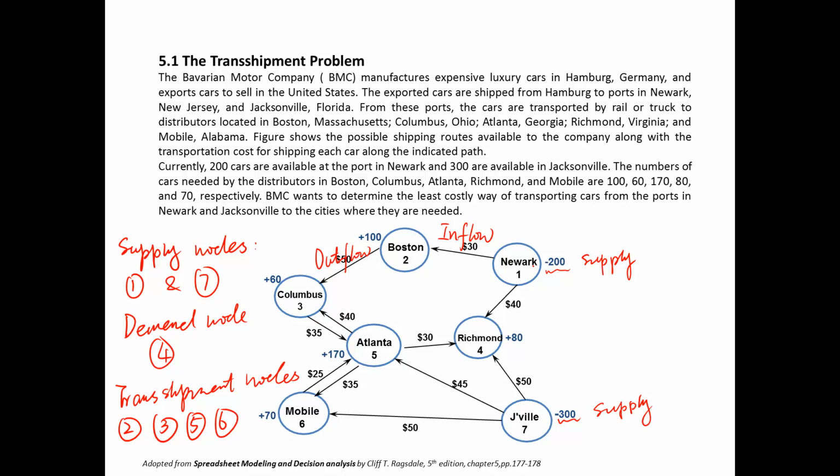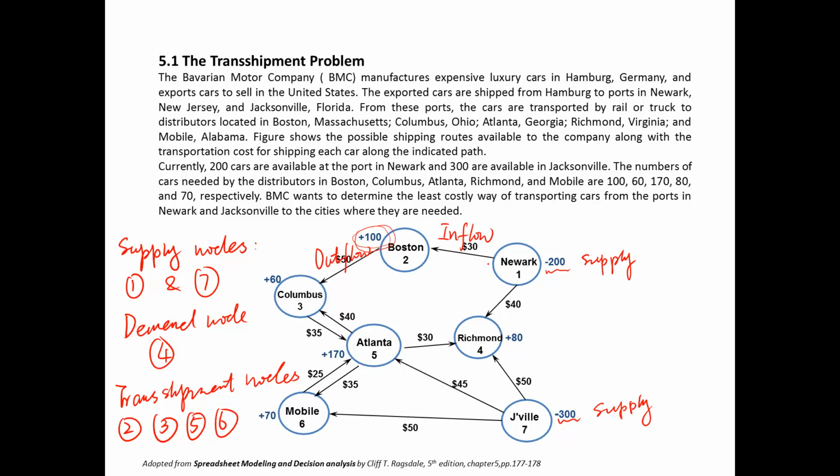Now they have 2 nodes with a total of 500 supplies, and they are going to transport those 500 supplies to nodes 2, 3, 4, 5, 6. Here at Boston, which is node 2, it has inflow and outflow, and it has a demand of 100. So what does that mean?